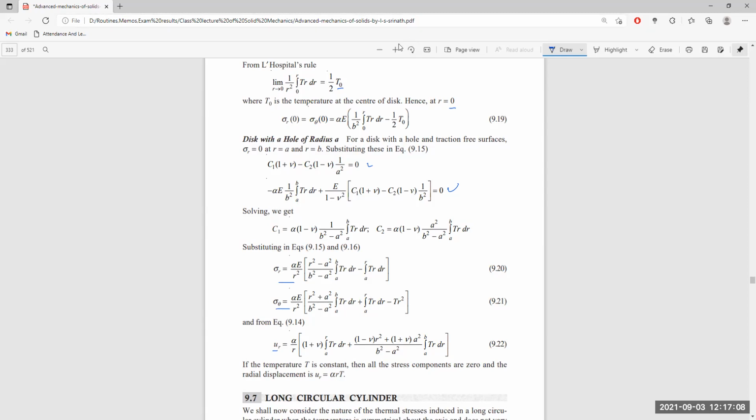Thus, if the temperature is constant, then all these space-dependent components are 0, and radial displacement is u_r equal to alpha RT itself.